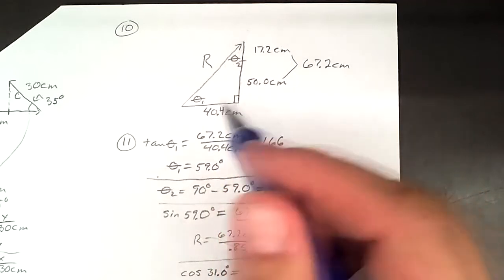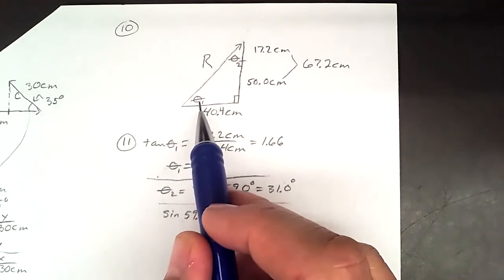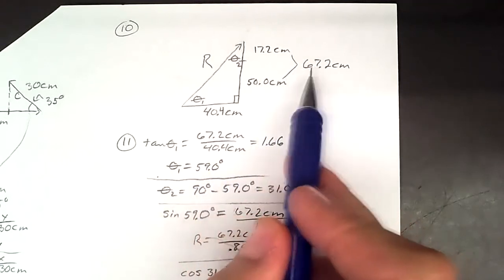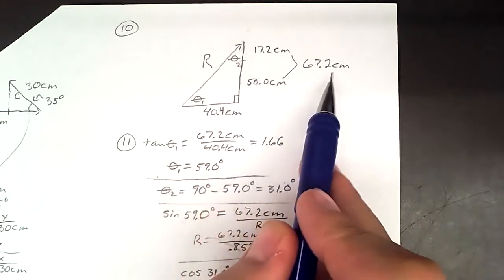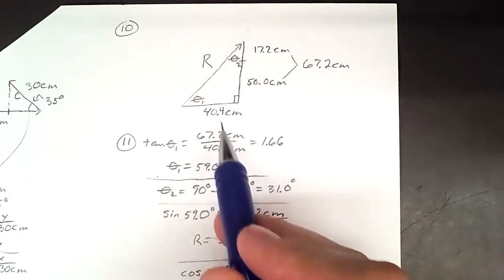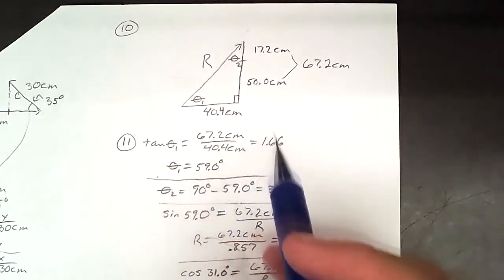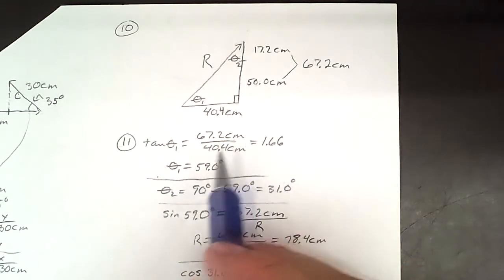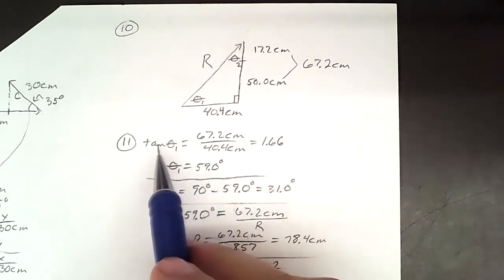It doesn't really matter. But tangent of this will be opposite over adjacent. And remember that the total for the vertical is this, right? So tangent of theta 1 will be the total vertical over the horizontal. So divide, and you get 1.66. I think it repeats. And what we're going to do is inverse tangent.